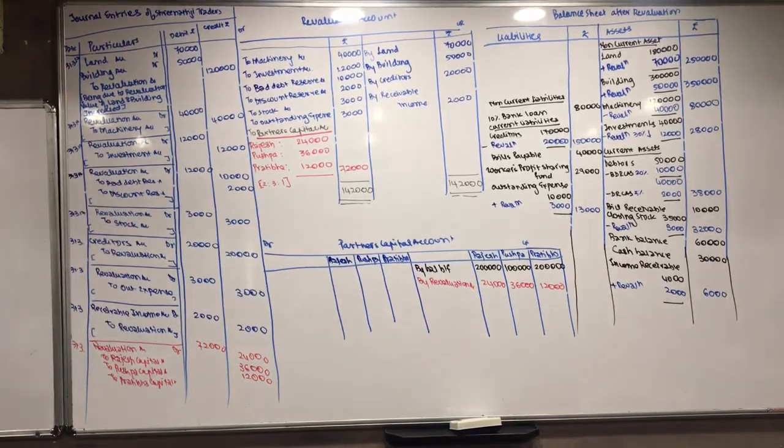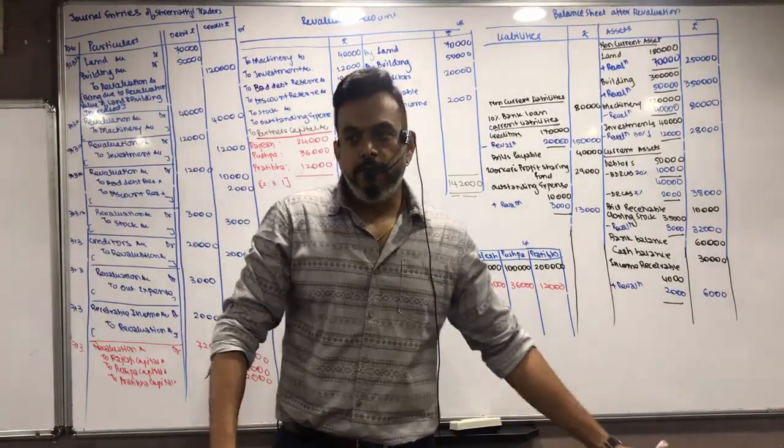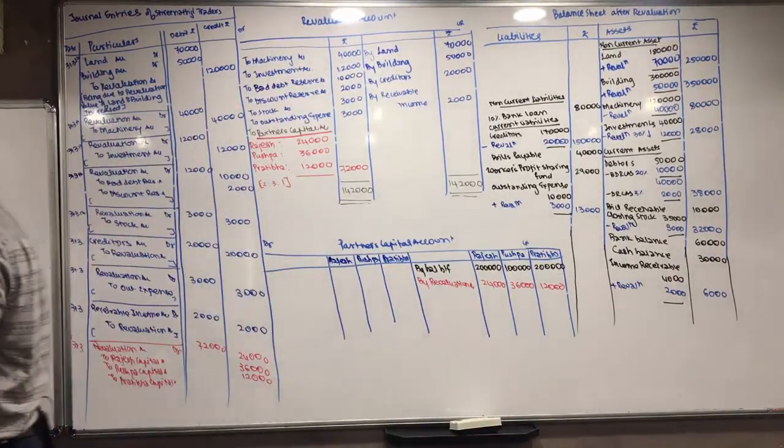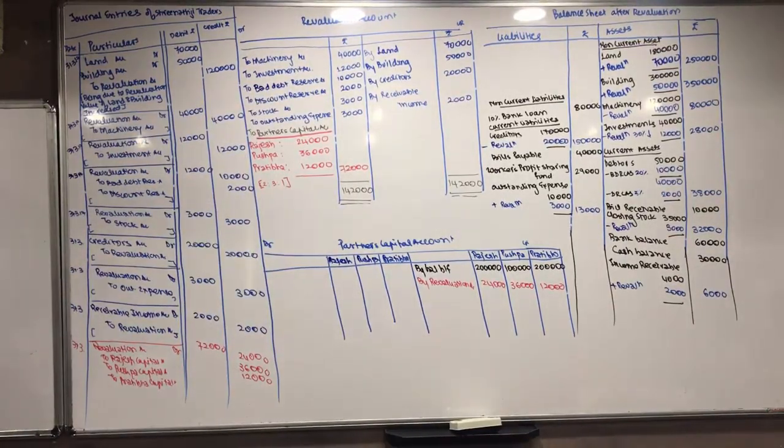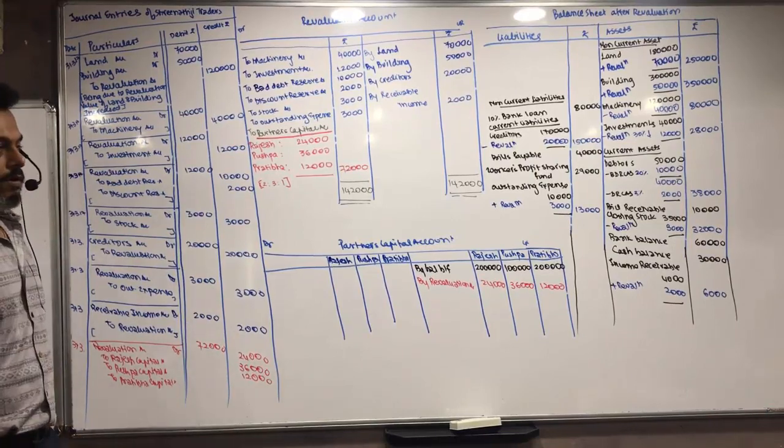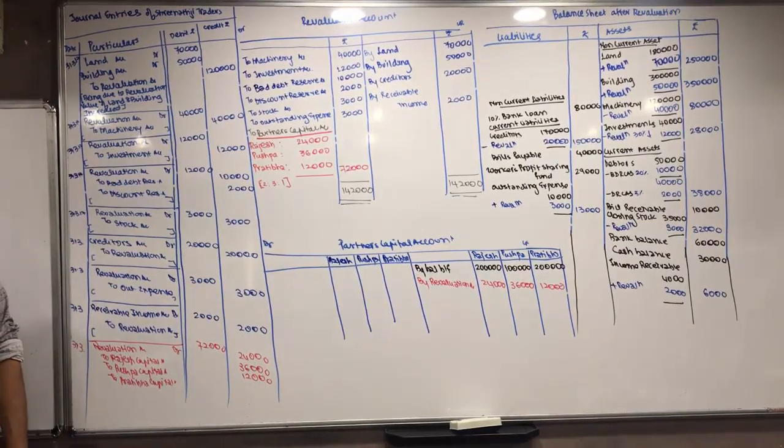Being profit on revaluation distributed in old ratio 2:3:1.